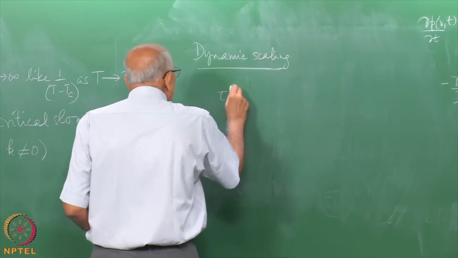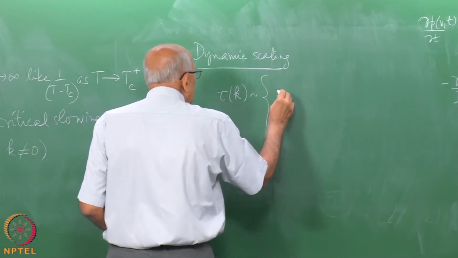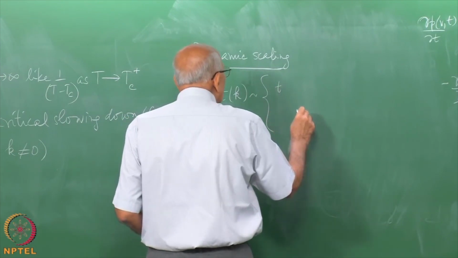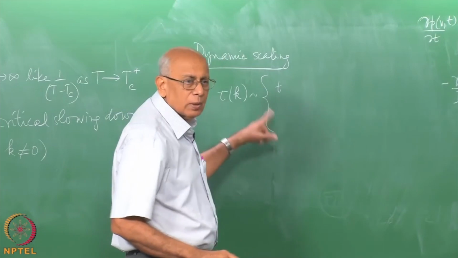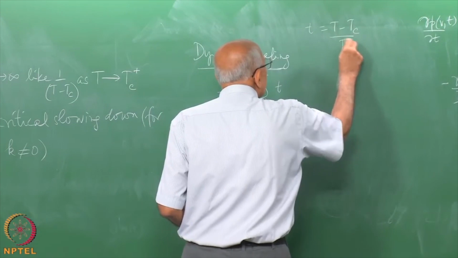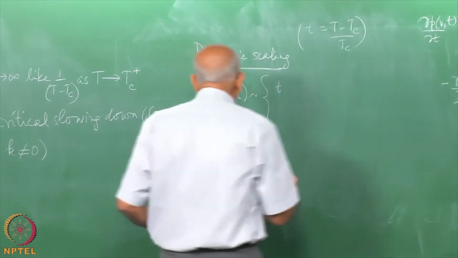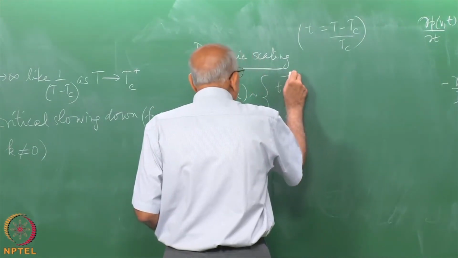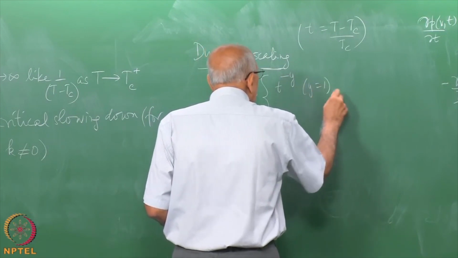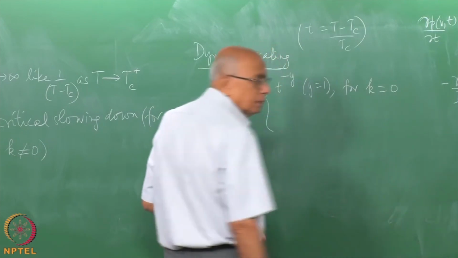So look at what tau k did, tau of k. Now let me use t for t minus tc over tc. For a minute, there is no time appearing explicitly anyway in this formula, so it should not confuse. This goes like t to the minus y, y equal to 1, for k equal to 0, right.